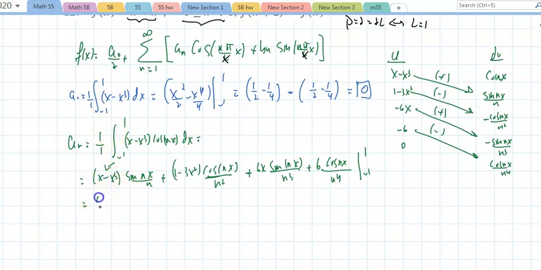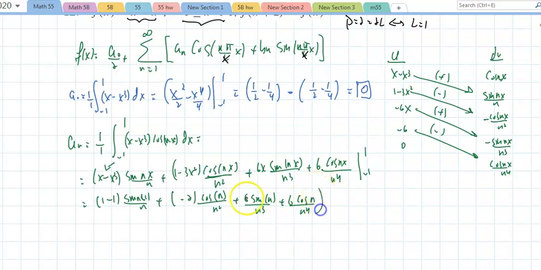Let me put it down for your notes. 1 minus 1 cubed, which is 1, the sine of n times 1 over n, plus, if I put a 1 in there, isn't that a negative 2? The cosine of n divided by n squared, plus 6 times the sine of n divided by n cubed, plus 6 times the cosine of n divided by n to the fourth.